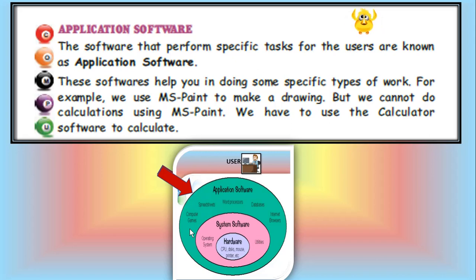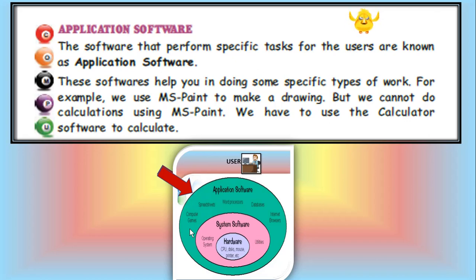Application software. This software that perform specific tasks for the users are known as application software. These softwares help you in doing some specific type of work. For example, we use MS Paint to make a drawing, but we cannot do calculations using MS Paint.